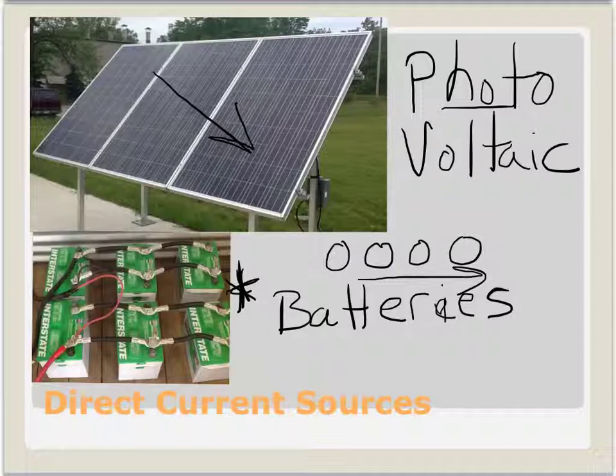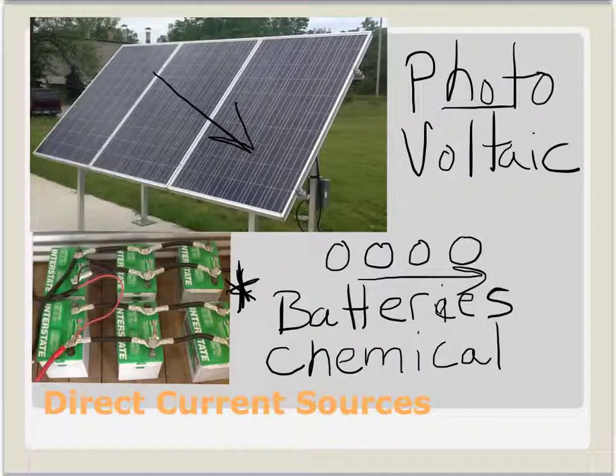We're looking at a configuration of parallel and also series, and we jump into that much later on in the lessons and in the class. But batteries are here, and of course batteries are a chemical reaction, so we need to have something react, something happen inside the battery again in order to get these electrons to flow.